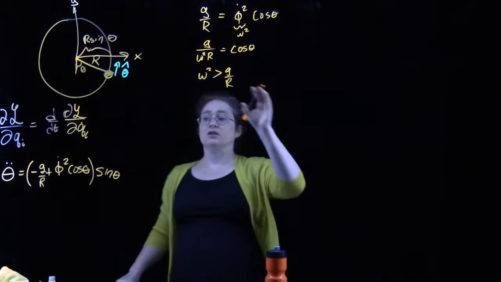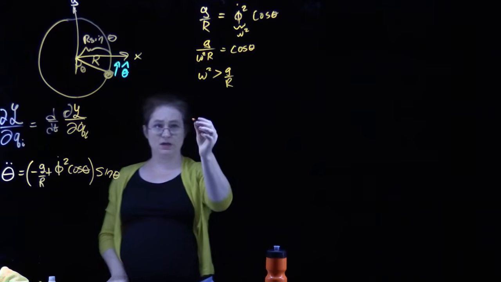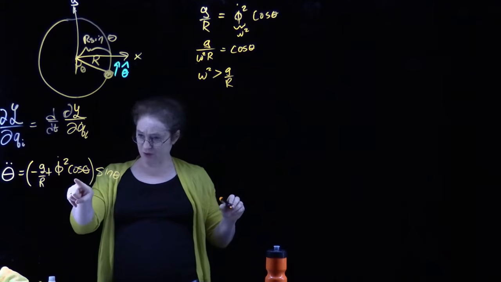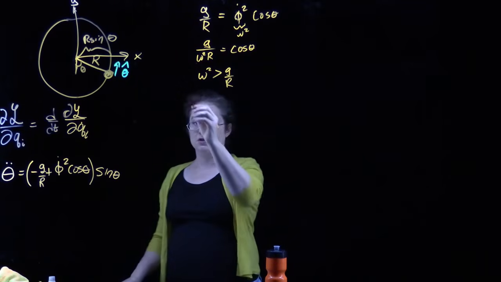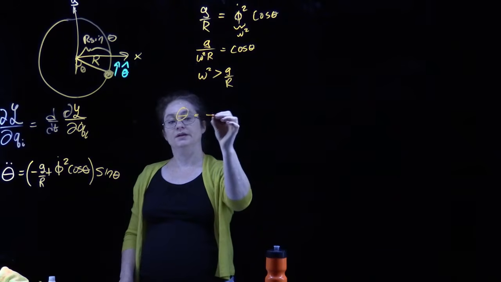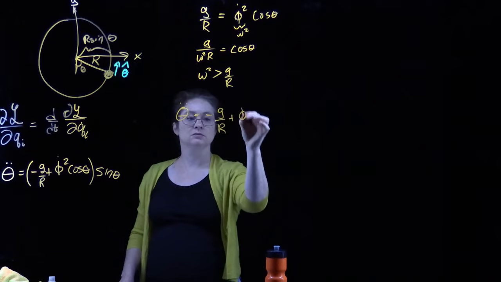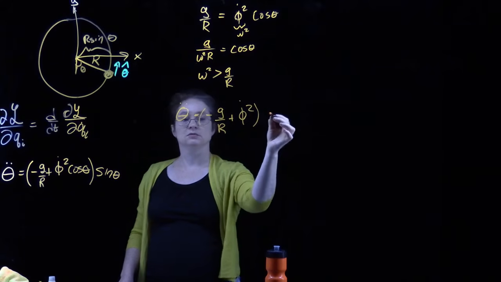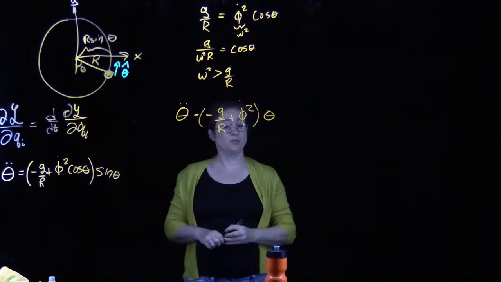So we will look at the small angle approximations. When you have a small angle, this term is roughly equal to 1, and this term is roughly equal to theta. So our small angle approximation is this, and this just gives us oscillatory motion.